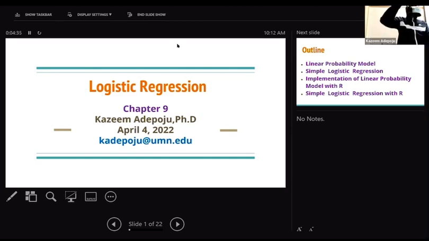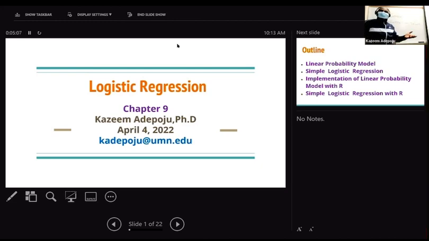But the special requirement to use a linear regression is that the response variable has to be continuous. What do you mean by continuous? A continuous variable is when data can take infinitely many values.